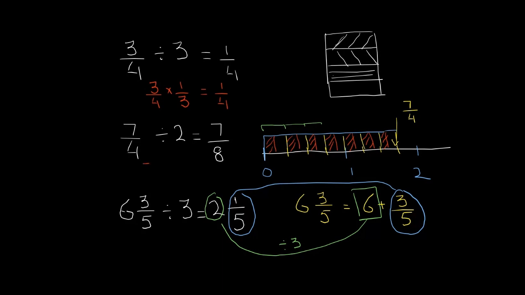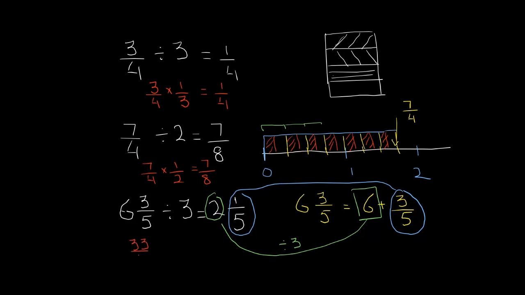Let's try another one. If I take 7 over 4 and multiply it by a half, I took a 2, inverted it, and converted the division into multiplication. I get 7 over 8. This looks a bit more daunting, but let's do that. I can write this mixed fraction as an improper fraction. So this is just 33 over 5.